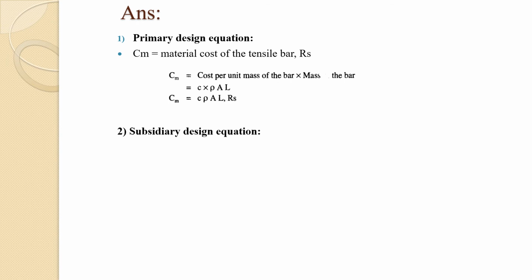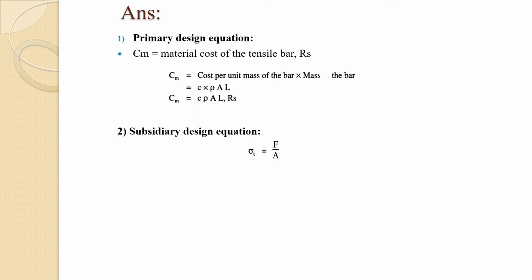Next is subsidiary design equation. I already explained that in most of the cases the stress equation is the subsidiary design equation. So sigma T is equal to force upon area, because cross sectional area A is unspecified, though the cross section is circular. But force is given, 3000 Newton, it is a specified parameter.